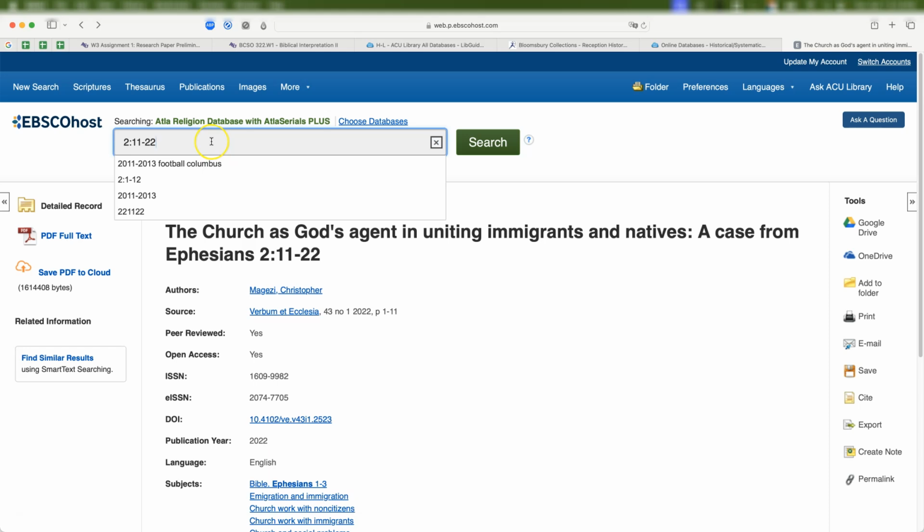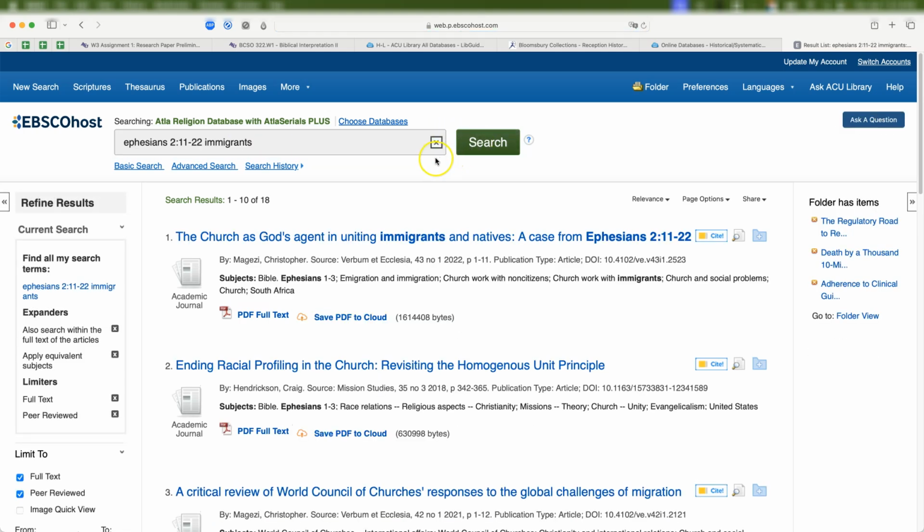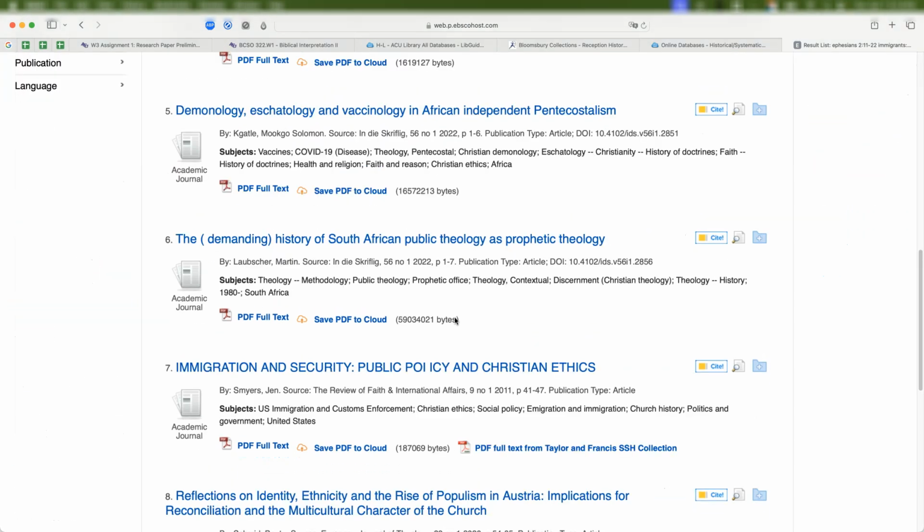All right, let's update our search there. Look at that. Oh, I want to have that immigrants search term in there. All right, that's a much more narrow thing. 18 sources, I can look through and I can look at their abstracts or glance at the introduction and see if that's something that I am interested in here.